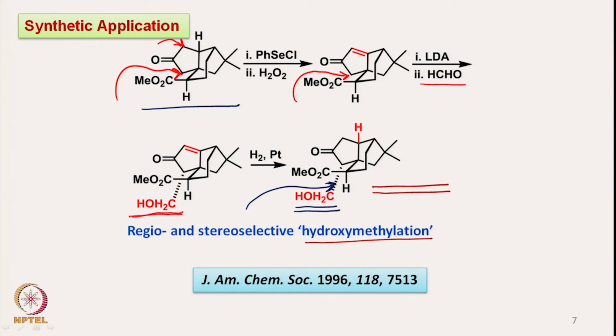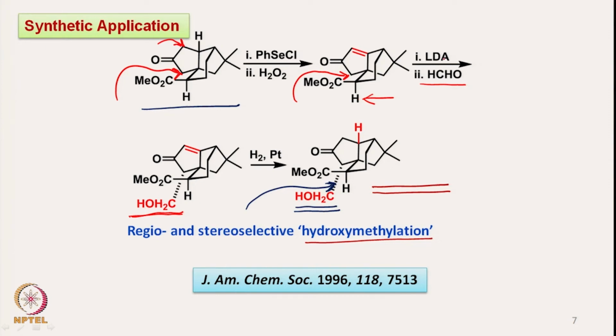Now, one can ask the question: this particular proton is alpha to the carbonyl group, at the same time this particular hydrogen is alpha to the ester group also. But this proton is next to a carbonyl group, whereas this proton is next to an ester group, and therefore the acidity of the proton here is higher than the acidity of this proton.